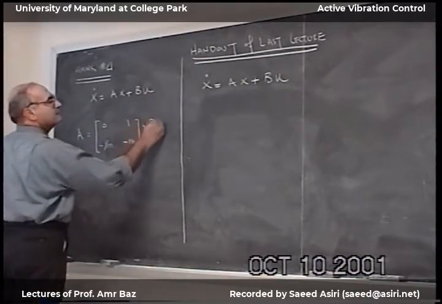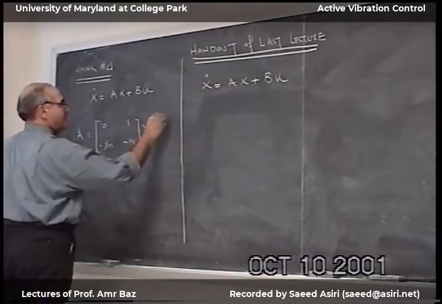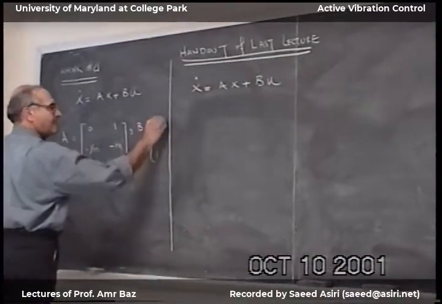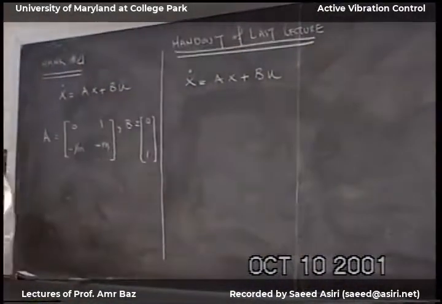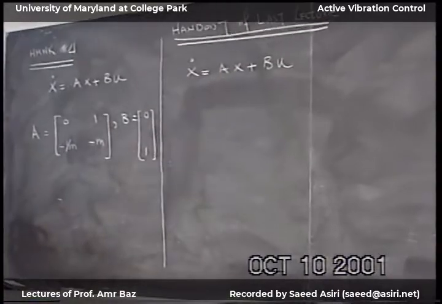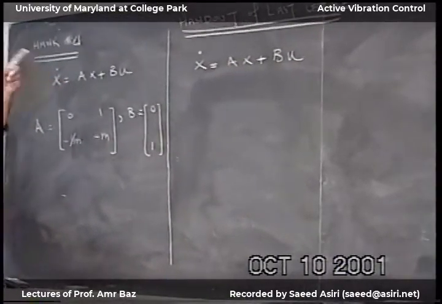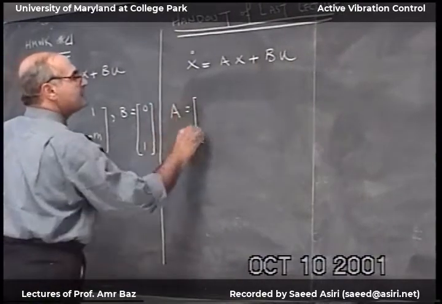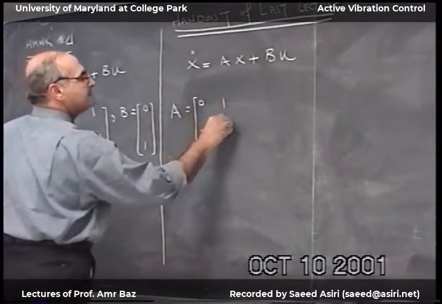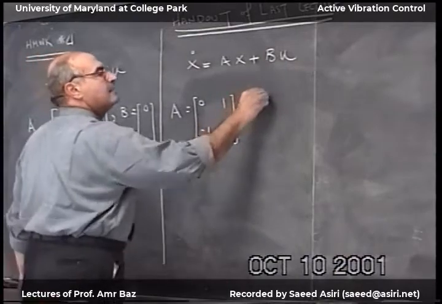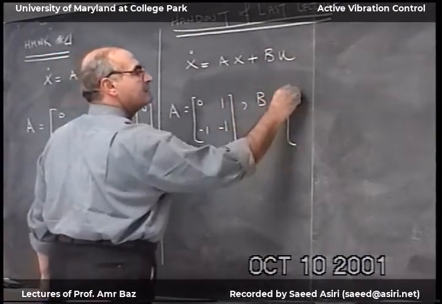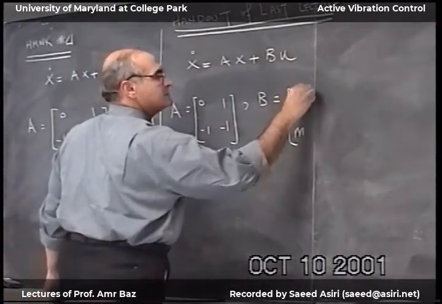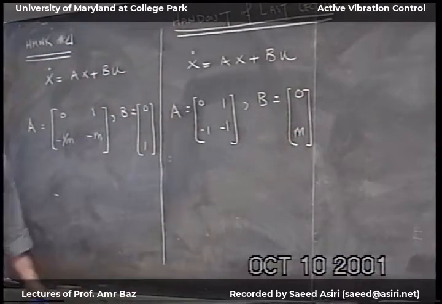And the B is like this. In the example that I gave you last time, A looks like this, and the B looks like this: 0 and m.